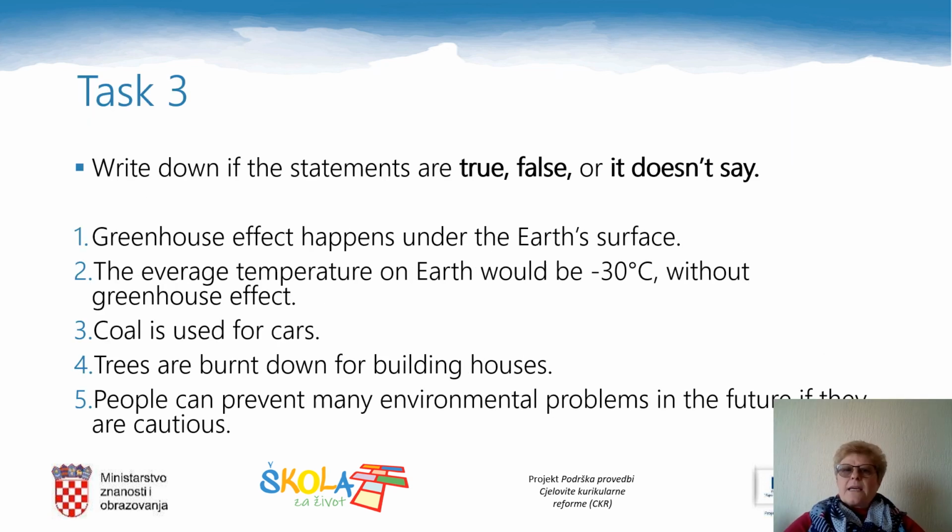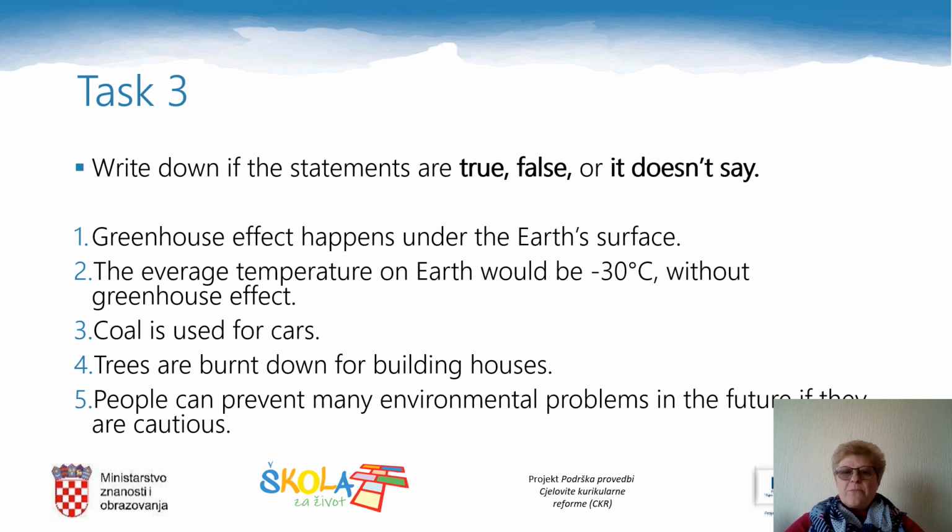I will read the sentences. Please write down in your notebooks if the sentences are true, false, or doesn't say. These are the sentences about the text you've just listened to. 1. Greenhouse effect happens under the Earth's surface. 2.